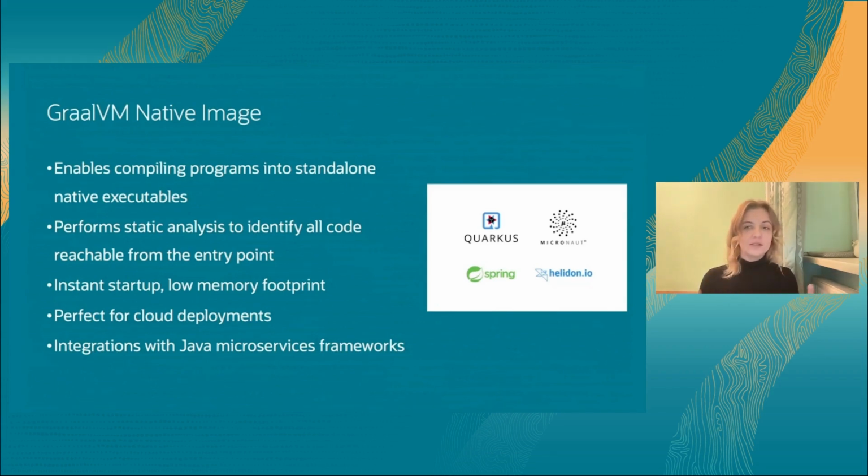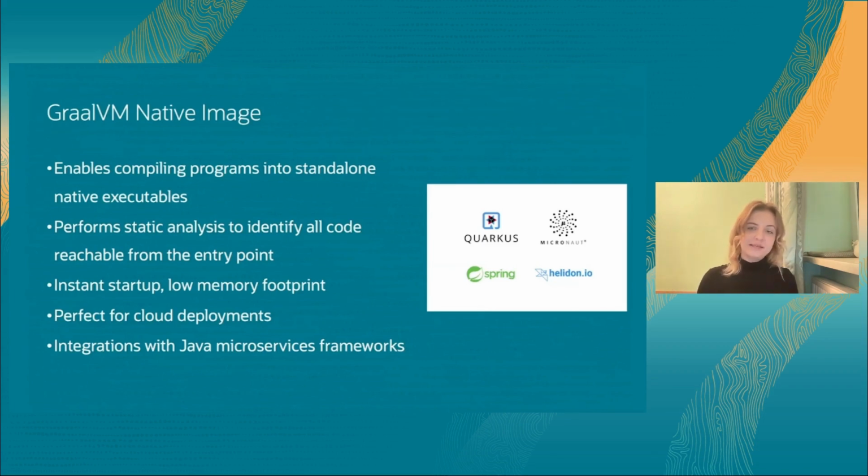And the way this works is that native image, when you build the application with the native image utility, will analyze the whole application and will try to find all the reachable code and compile it ahead of time to produce this final binary. And a great thing about GraalVM Native Image is that it's a great platform for microservices and serverless applications, but also any kind of application that cares about startup or predictable performance or deployment to the cloud.